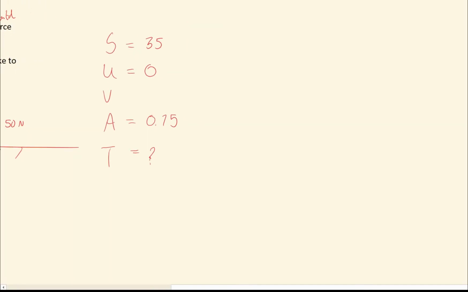We'll then look at our SUVAT equations to decide which one we're going to use. The formula we're going to use is S equals UT plus a half AT squared.